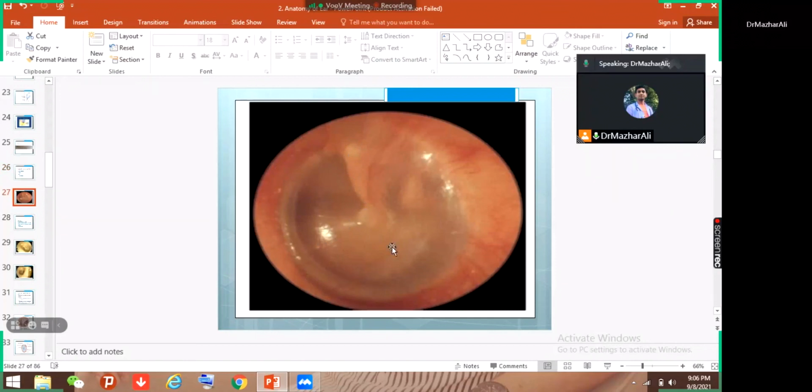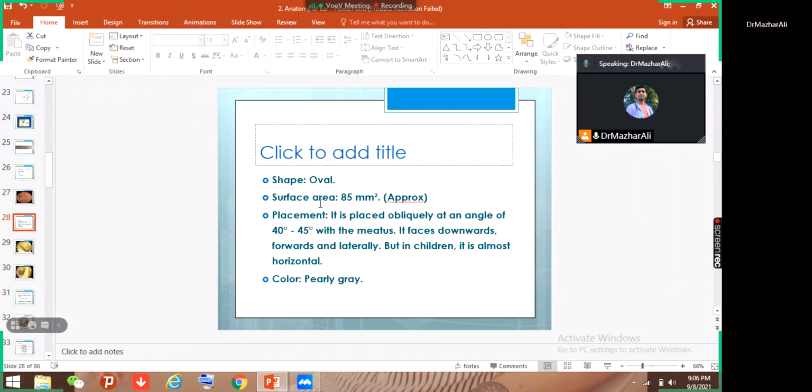The tympanic membrane shape is oval, and it's placed obliquely at an angle of 40 to 45 degrees with the meatus. The meatus is the bone attached to the tympanic membrane or eardrum. It faces downward, forward, and lateral. In adults, it faces downward and forward and a little bit lateralized.